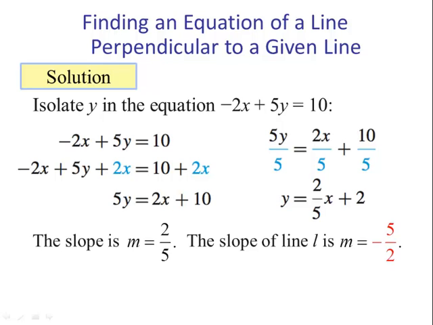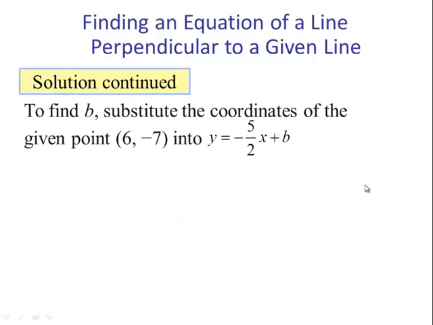Therefore, the negative reciprocal of 2/5 is -5/2. So that is the slope of the line that we are interested in. To find b, we substitute the coordinates of the given point, (6, -7), into y equals -5/2 x plus b. So the y coordinate is -7. 6 is the x coordinate. So now we multiply.